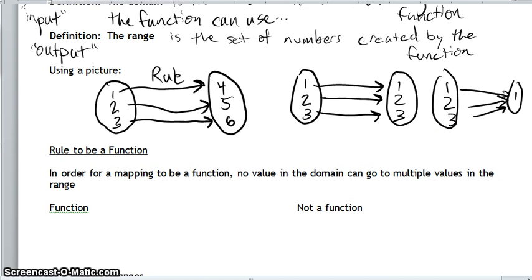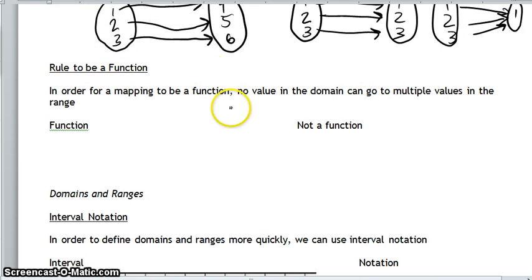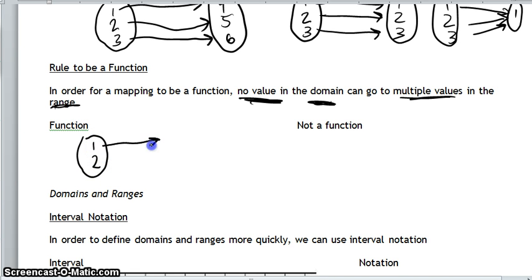But in order for something to be a function, okay? In order for something to be a function, this is what's key. No value in the domain can go to multiple values in the range. Okay? So to think of this as a picture, let's take a look at this. Let's say you have 1 and 2. I'm going to use two different numbers.